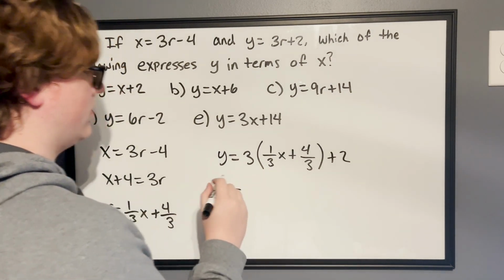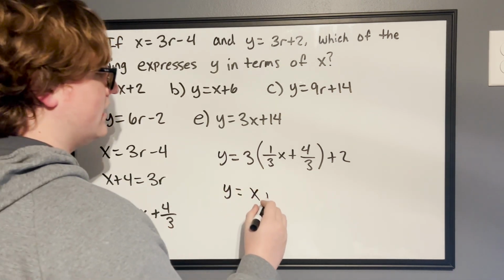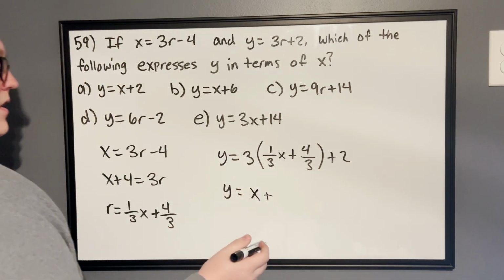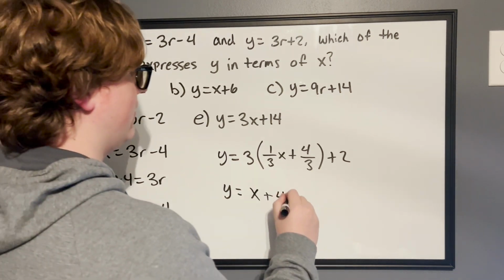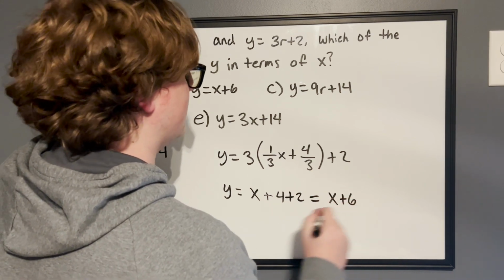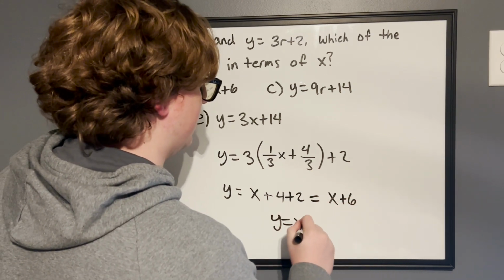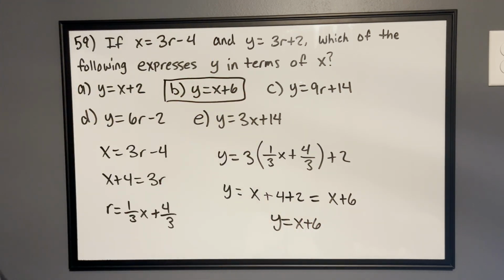So we have y is equal to 3 times 1/3 x is just going to be x, plus 3 times 4 over 3 is going to just be equal to 4, because the 3's will cancel. And then we still have the plus 2, which this just turns into x plus 6. So y is equal to x plus 6, and that means that our answer is going to be option B.